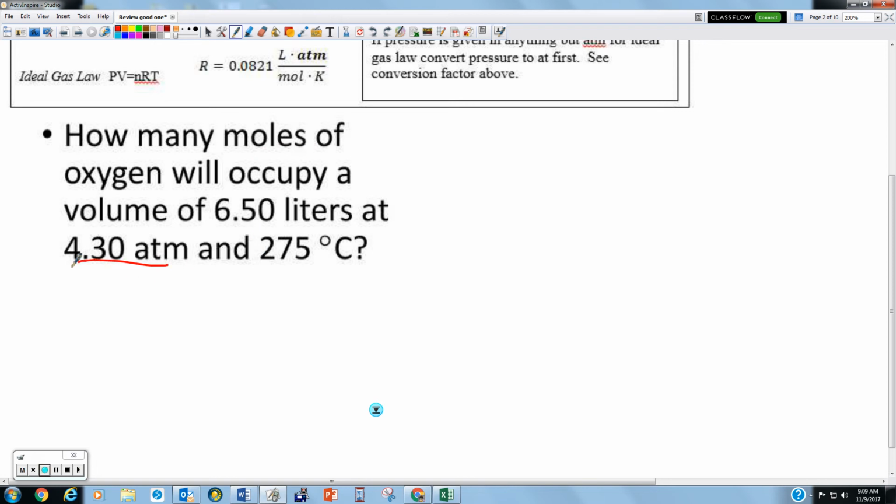All right, so we have a pressure, a temperature, a volume, and we are looking for moles. So this one we would use the ideal gas law.